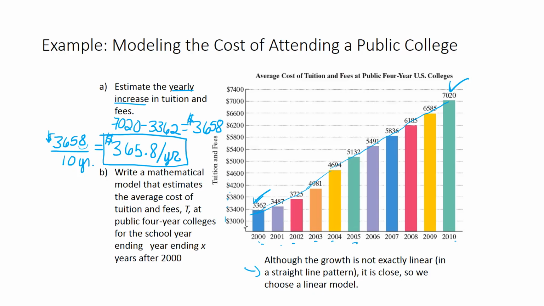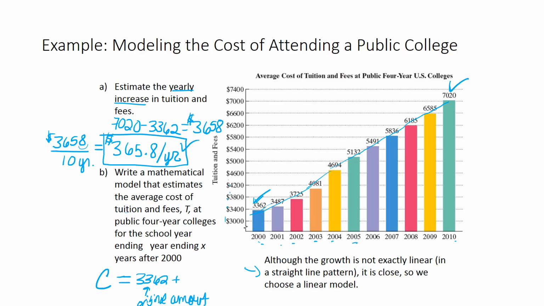Write a mathematical model that estimates the average cost of tuition and fees for the school year ending X years after 2000. So the average cost, you can choose whatever letter you want. But if you think about how you would find the cost, you would take the original amount and you would add to that.